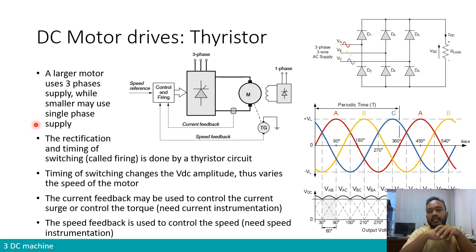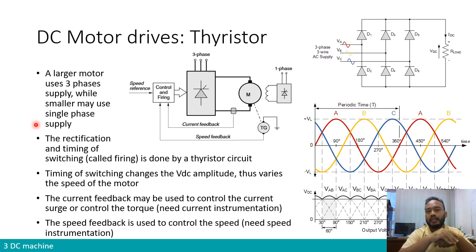Secondly, the driver needs not just the correct form, which is DC, but also to be able to vary the level of that DC, because the speed of the motor is proportional to the back EMF, therefore the voltage supplied to the machine. So there are two functions that need to be accomplished by the power electronic circuit.